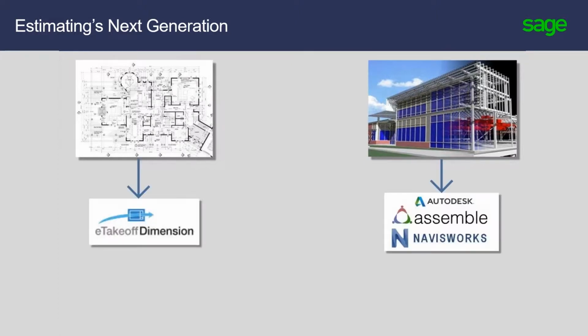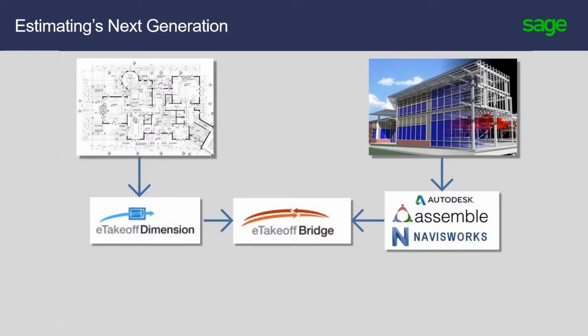And you're going to take that into either eTakeoff Dimension or into Autodesk Assemble or Navisworks. Those are kind of industry-leading, best-in-class solutions that allow you to read the model and do your takeoff there. We're going to take the information from those best-in-class solutions and bring it into Bridge.